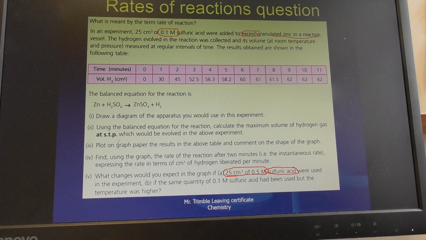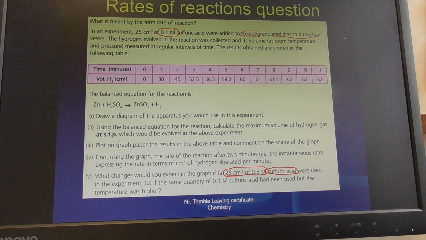And then the other question there, if the same quantity of 0.1 molar sulfuric acid had been used but the temperature was higher, you would expect a steeper curve as well, because an increase in temperature leads to an increase in the number of collisions and the number of collisions that have sufficient energy for the reaction to occur. So that's activation energy.